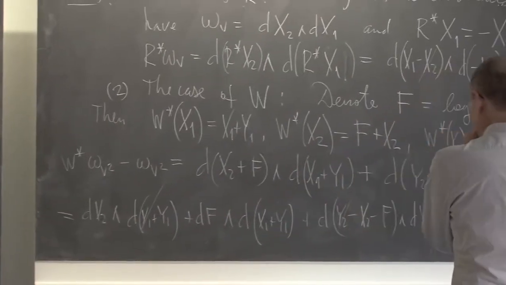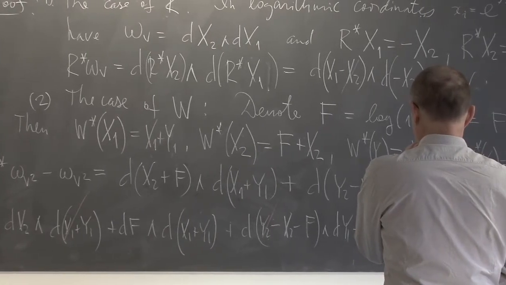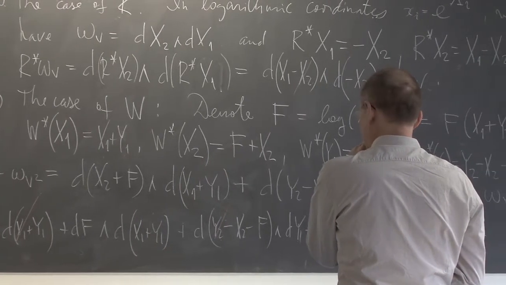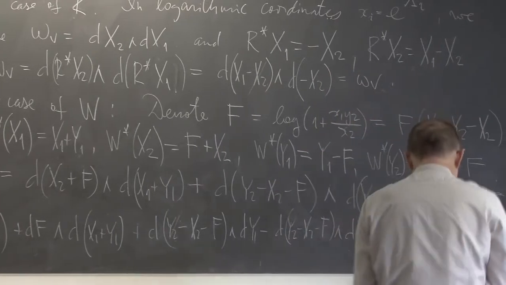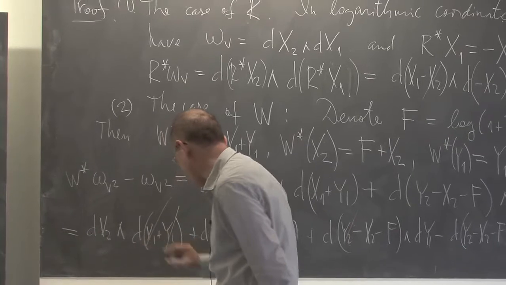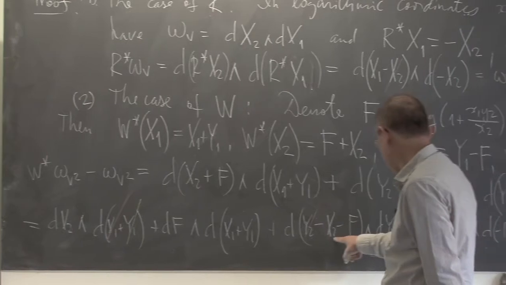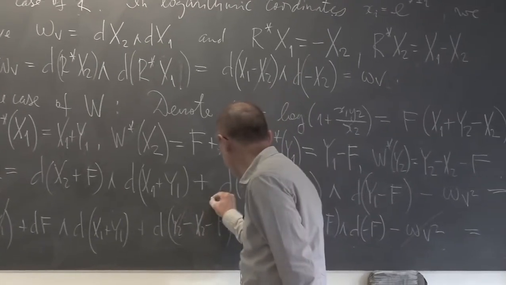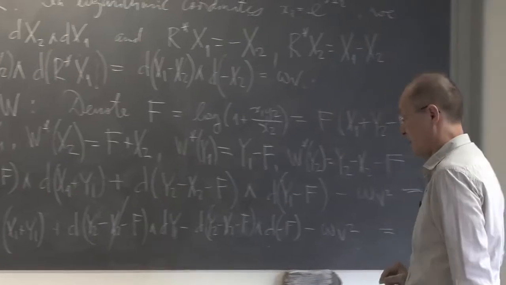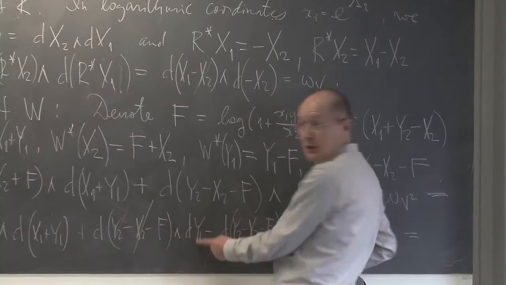So what is the rest? Yeah, so we can cancel a little bit more, right? Namely, the term dx2 y1 shows up twice with opposite signs here also. Right, dx2 which dy1, and here we have minus dx2 dy1.